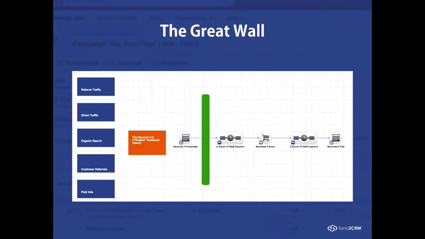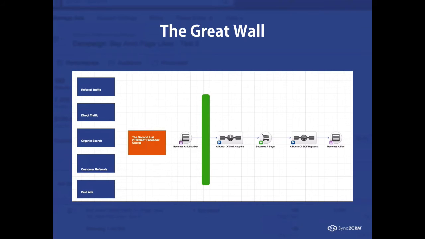And then the moment they fill out one of those forms and we have their email address, boom, we shut off the paid advertising and start using email advertising, right? So on the left-hand side of the wall, it's ads primarily, and on the right-hand side, it's email, and never the twain shall meet.